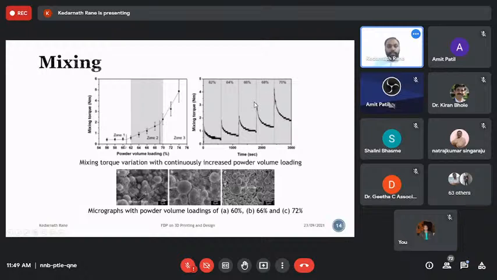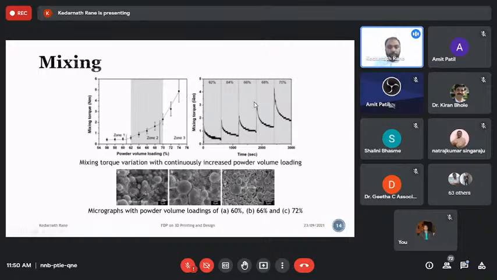But very high powder loading is not beneficial, and very low powder loading is not beneficial. Why? Because very low powder loading means you have a very high volume of polymers or non-metallic constituents, which in later steps results in a very high level of shrinkage or even distortion in the part.